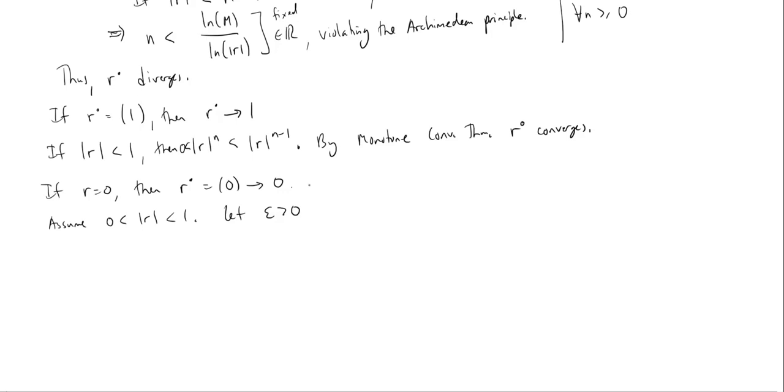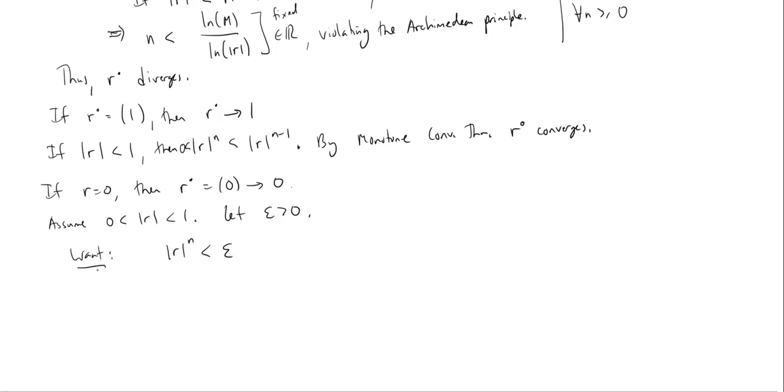So we need to choose some exponent so that if we go out that far, then the absolute value of r to the n is going to be less than epsilon. Okay, so when is this going to happen? This is what we want. We want the absolute value of r to the n, for some n, we don't know what it is, to be less than epsilon.